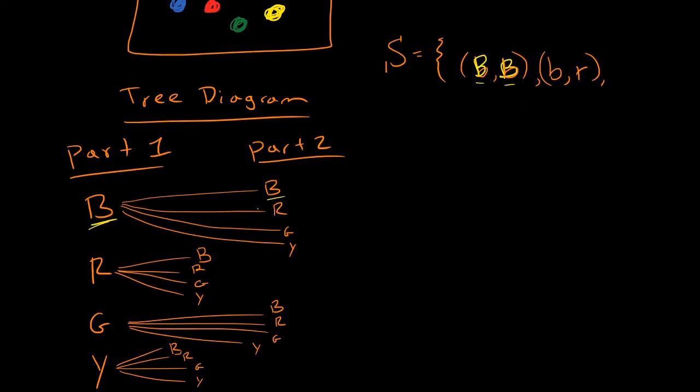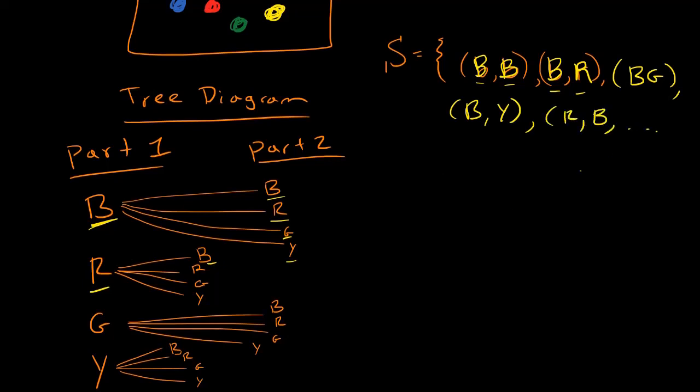I have blue, red; blue, green; blue, yellow. And then I'd go on to red, blue, etc. Right? I can continue listing all of these elements of my sample space until I get to the last one, which will be yellow, yellow.